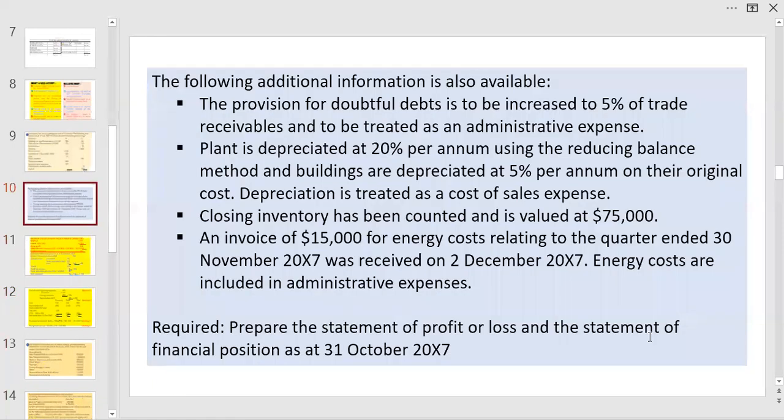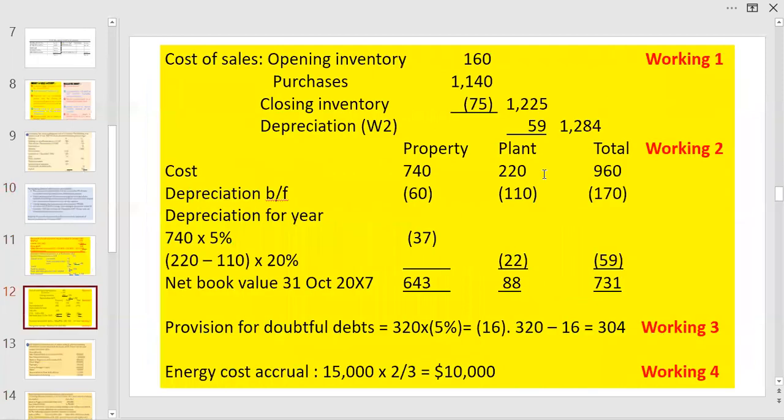The second information: plant is depreciated at 20% per annum using the reducing balance method, and buildings are depreciated at 5% per annum on their original cost. Depreciation is treated as a cost of sales expense. Please look at the working 2. Property at cost is 740, 5% of that is 37.